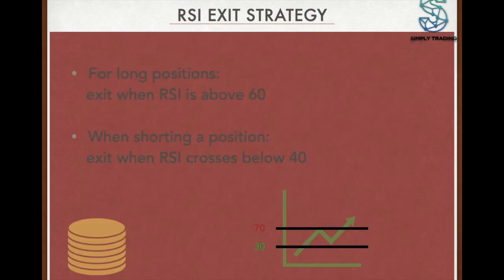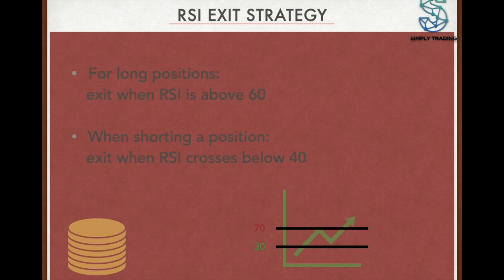Now, for an RSI exit strategy, when you are in a long position, when you buy at around the 30 mark, you want to exit when RSI is about above 60 if you are taking short trades and you are not trying to play risky. Because if you sell about 60, you will have more insurance that the stock will not go above the 70 RSI.